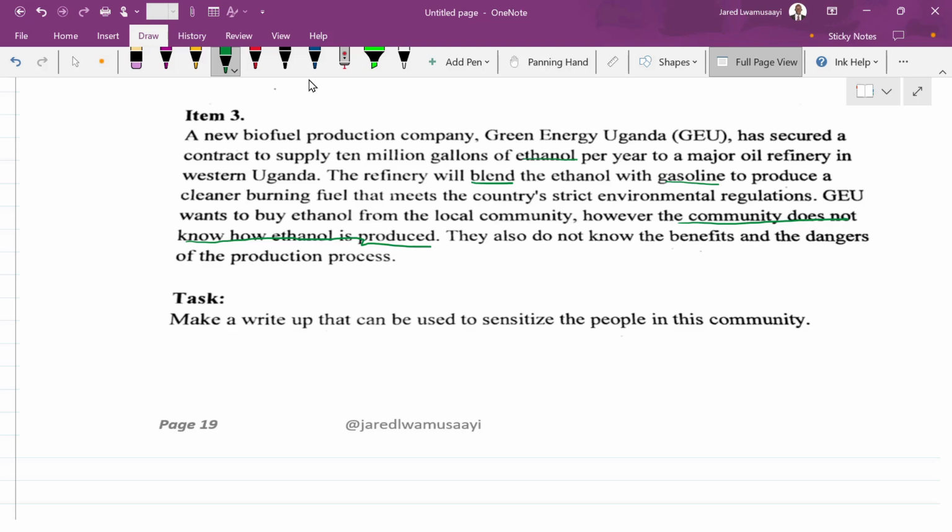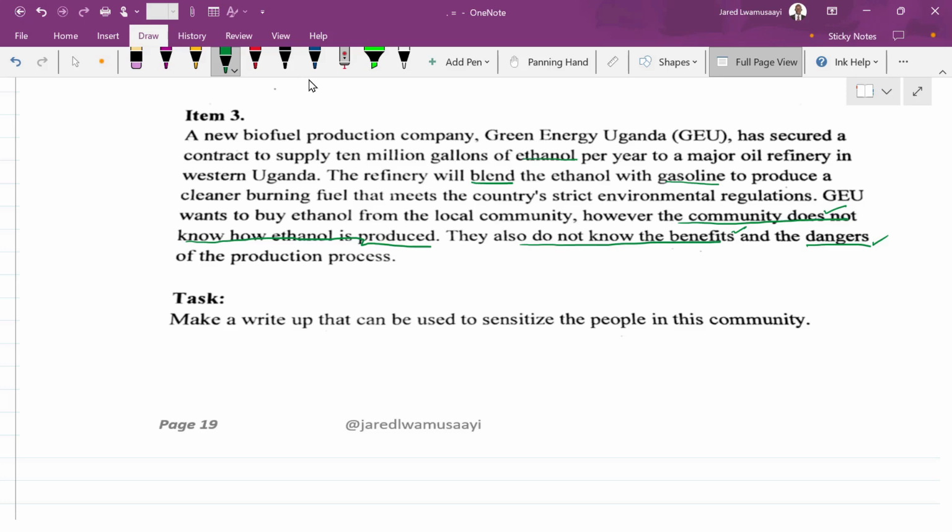That means this one also stands to be the challenge, and the dangers. So we have pointed out this and that. And may you know that as we describe how ethanol can be produced, we have to mention also the benefits, explain the benefits very well, and give the effect and the impact of the benefits.